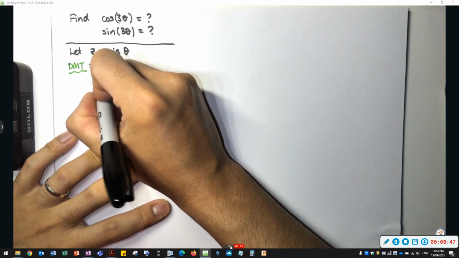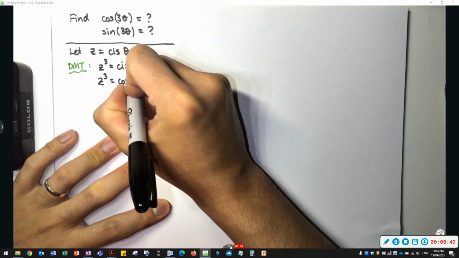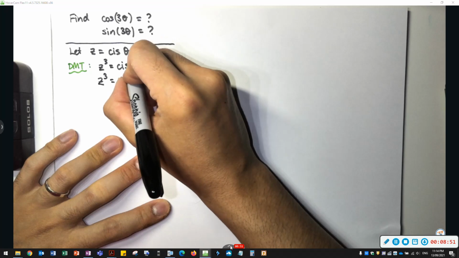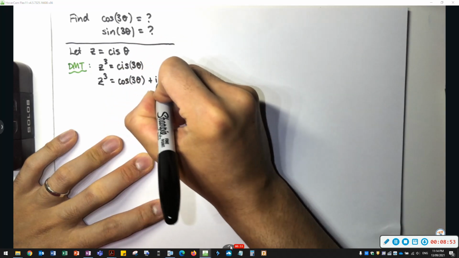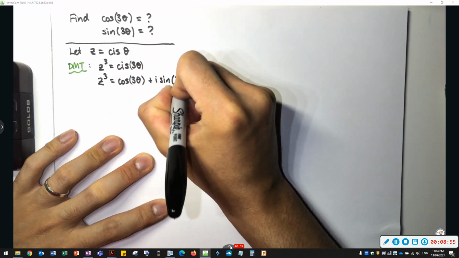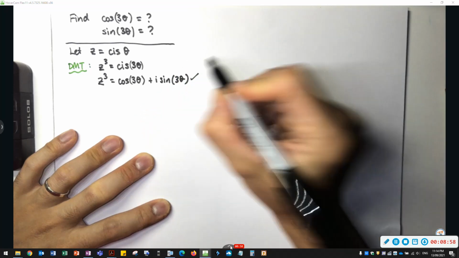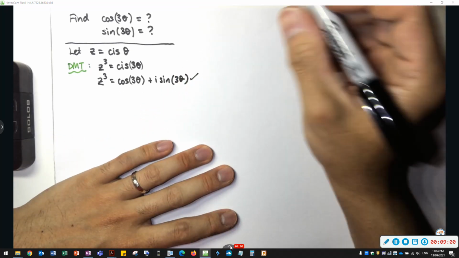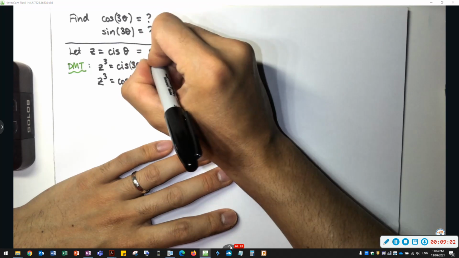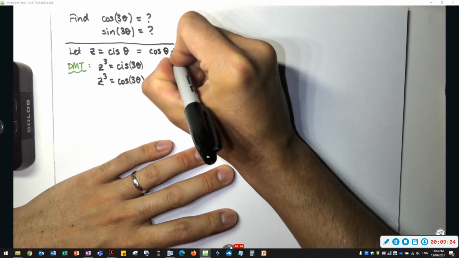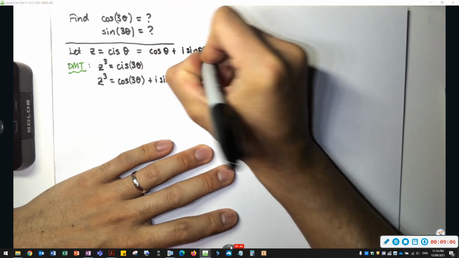Expand that out, so z cubed equals cos 3 theta plus i sine 3 theta. Okay, done. Now on this side, we're going to expand this out, cos theta plus i sine theta.